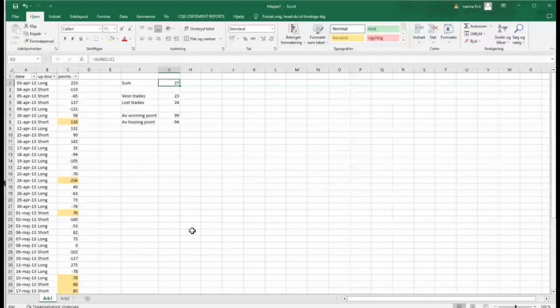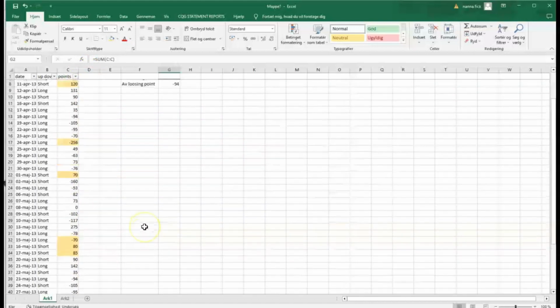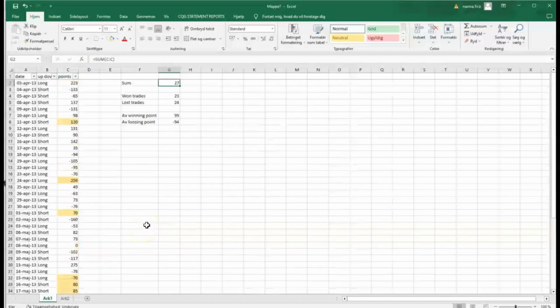It is your ability to be disciplined in your trading, and it is your ability to stick to the rules that will make the difference between successful traders and not successful traders. We have less than 50 trades here, and here we have a mistake 10% of the time. It's not a lot, but the result speaks for itself.